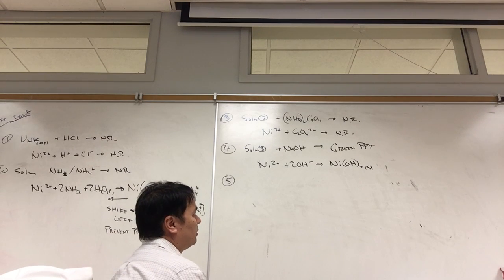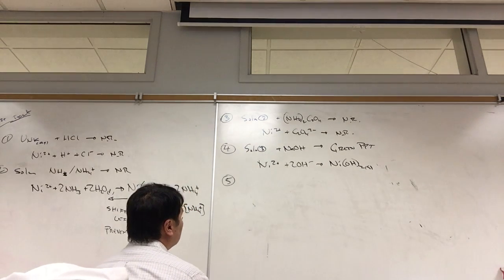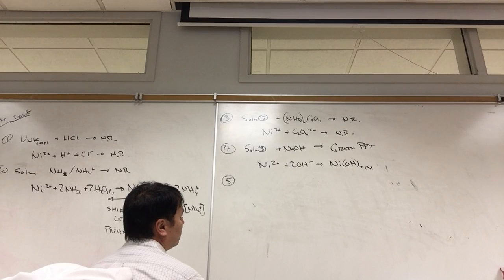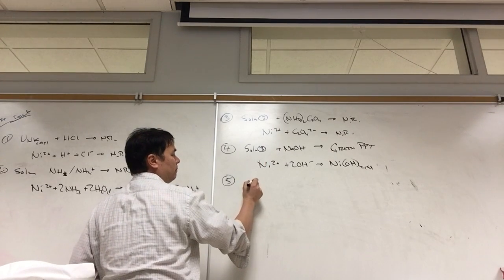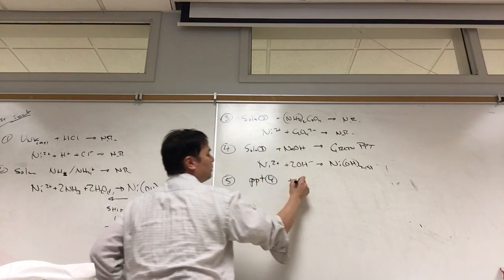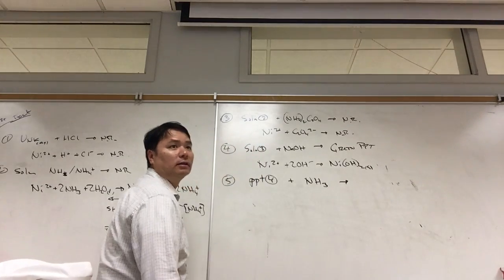Here, 15 molar ammonia. So to the green precipitate, which will be the precipitate from step 4, plus ammonia yields what?